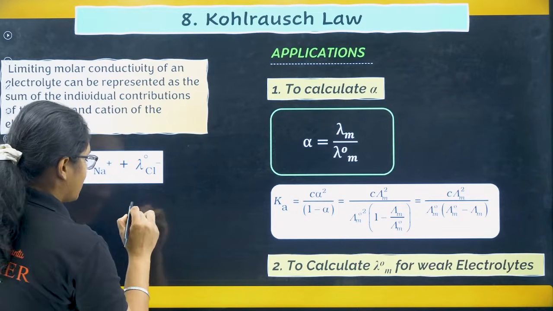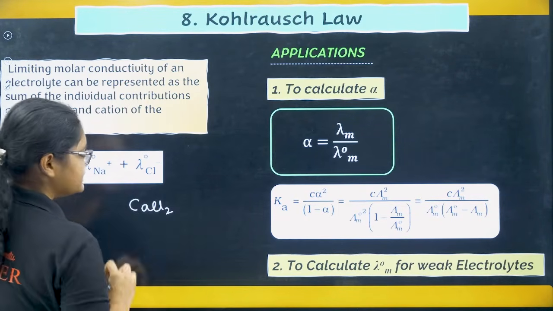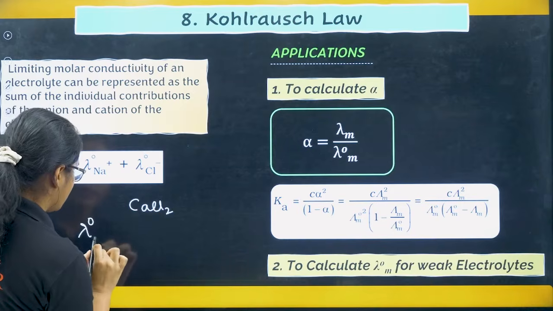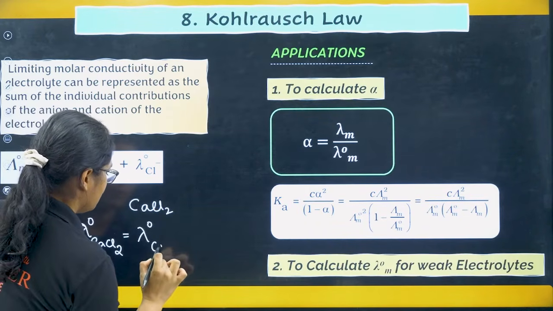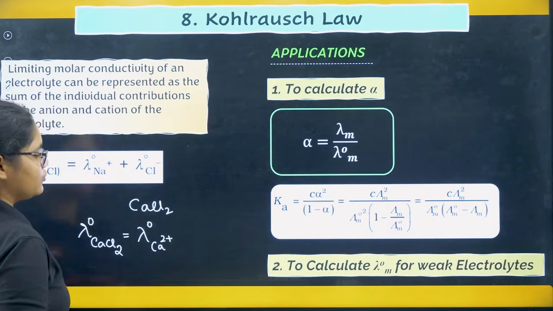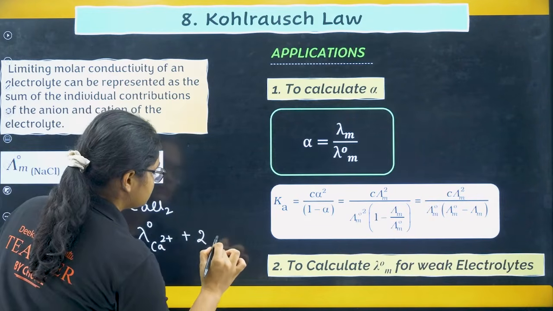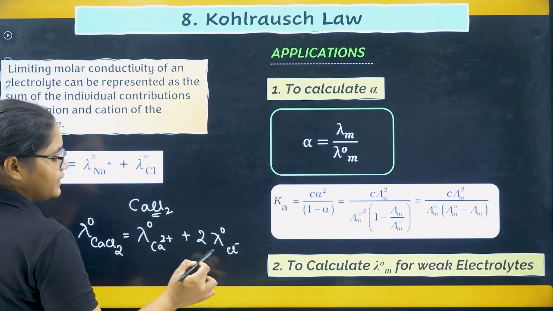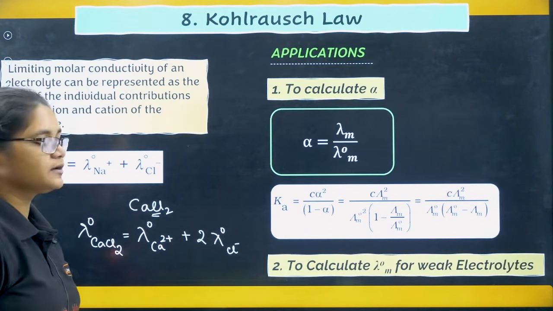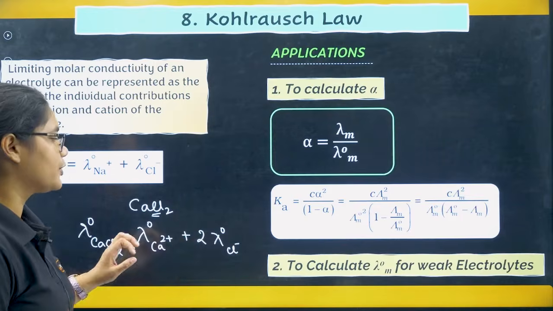For CaCl2, the molar conductivity of CaCl2 will be equal to the molar conductivity of Ca2 plus, plus 2 times the molar conductivity of Cl minus, right?